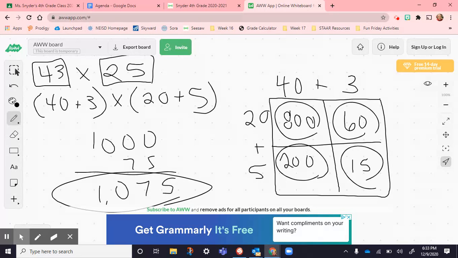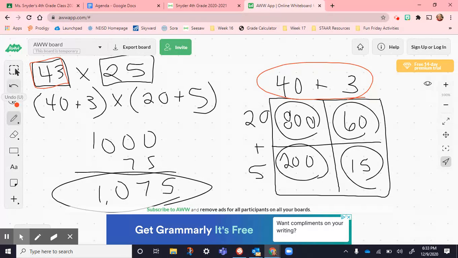And so the big thing with this one is really making sure that from the beginning you break it down correctly, and then making sure that you're not mixing up everything that is on this one line of this box. It has to stay together, because that's where this number 43 came from.